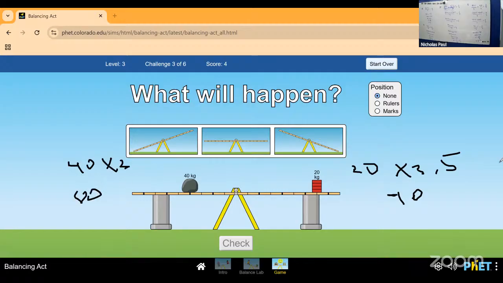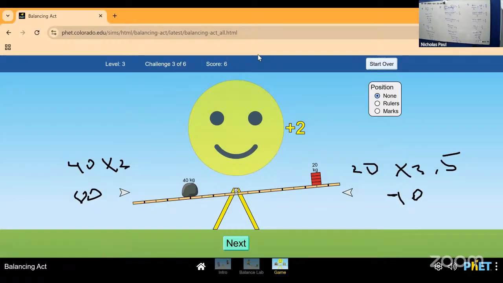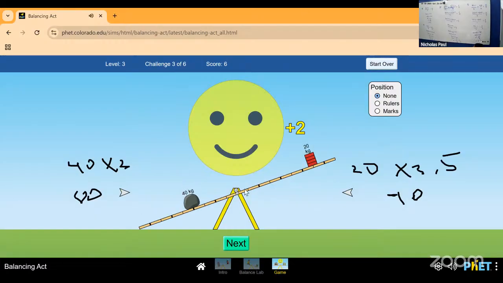So the 80 is bigger, so we could choose anti-clockwise.